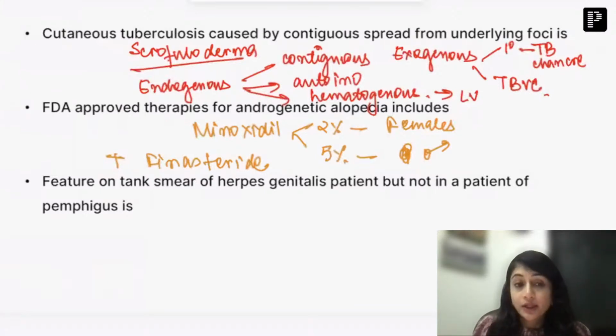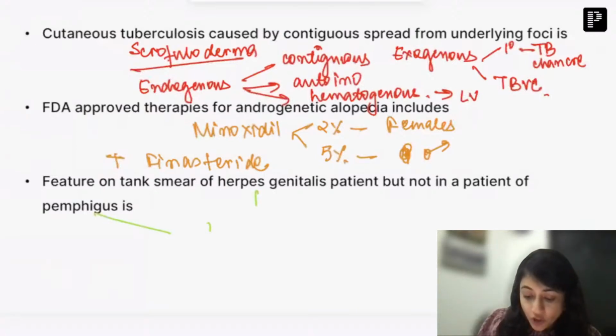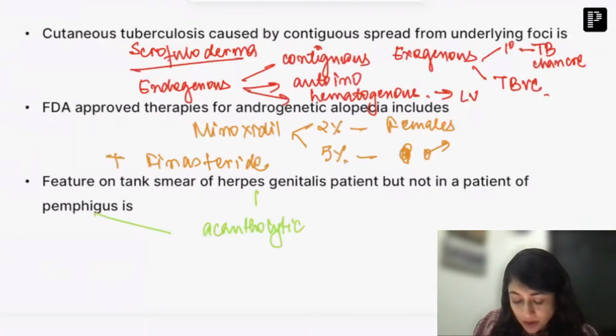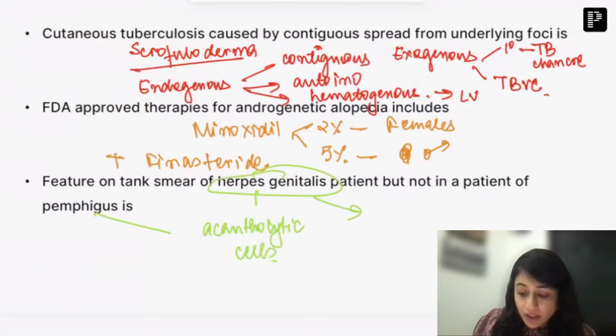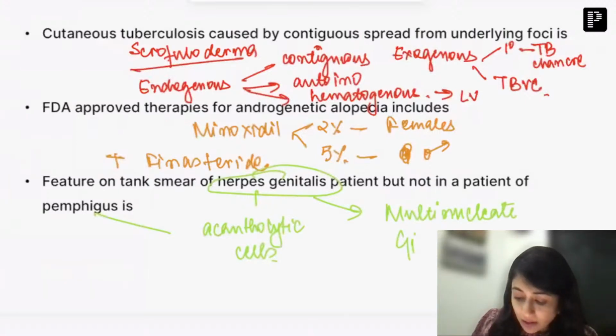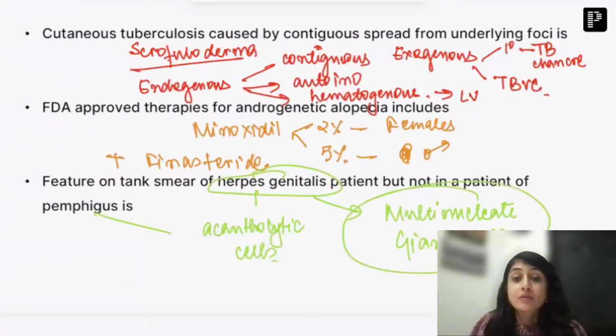So both in herpes and in pemphigus, you would see acantholytic cells on Tzanck smear. So this will be seen in both the conditions. But in herpes, you would see multinucleate giant cells, which are not seen in the pemphigus group of disorders. So multinucleate giant cells help to differentiate a herpes patient from a pemphigus patient on Tzanck smear.